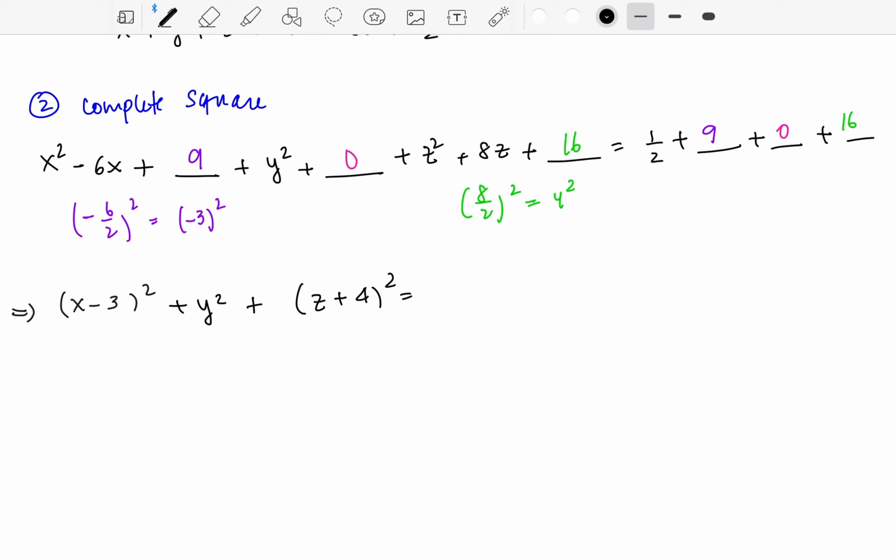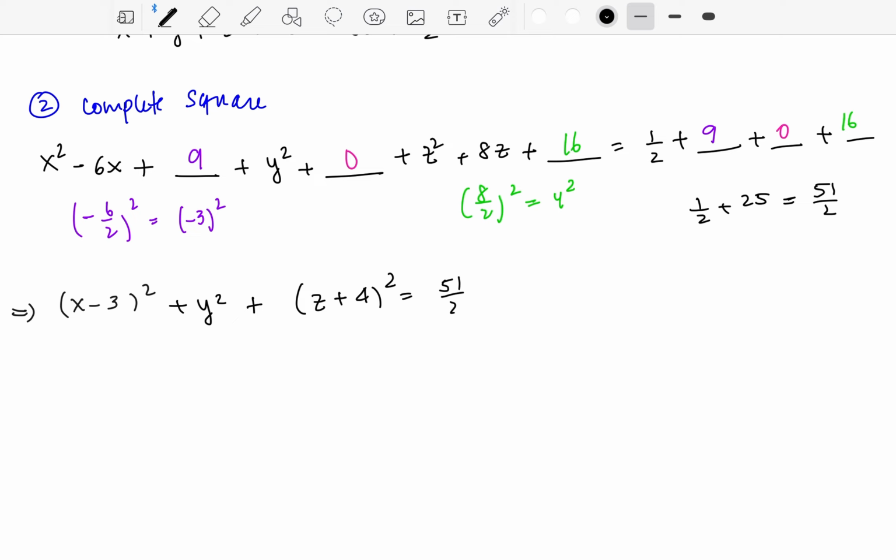What do I get? I get 16 plus 9. 16 plus 9 is 25. So I have to do this. I get 1/2 plus 25. 2 times 25, what do I get? 50 plus 1, I get 51 divided by 2.